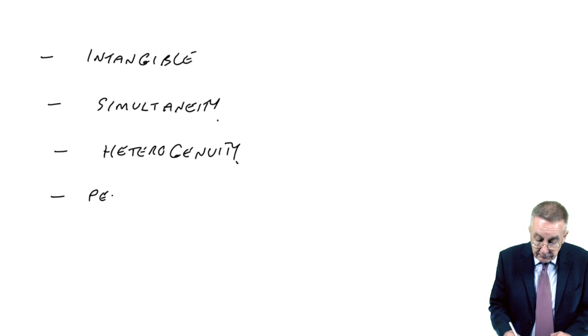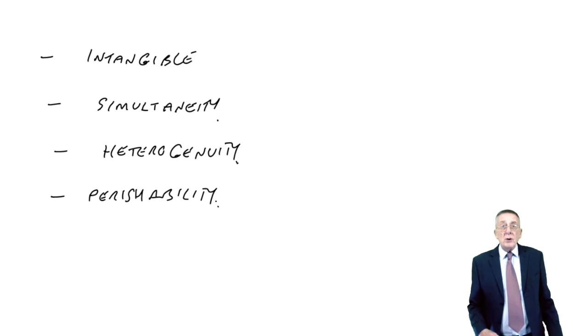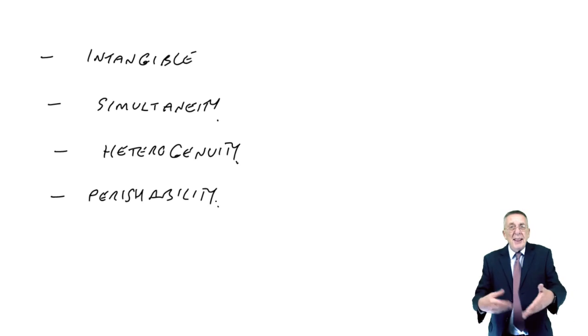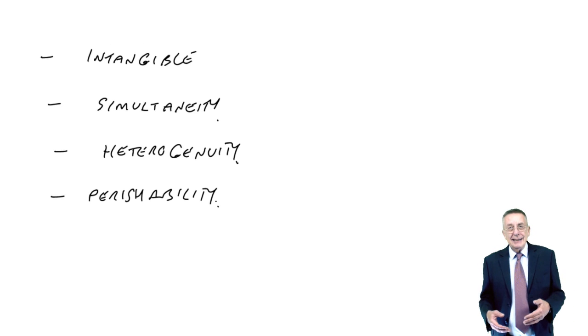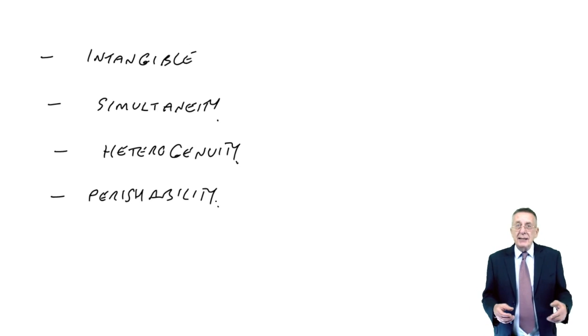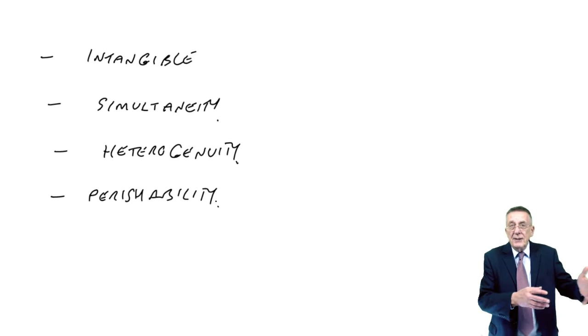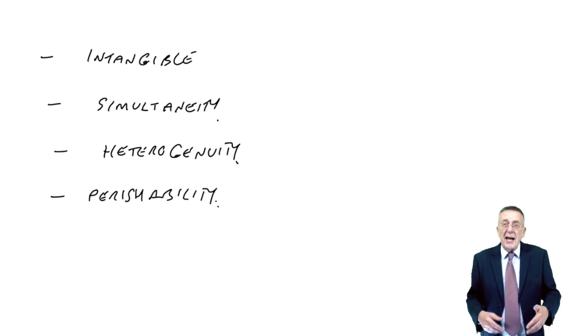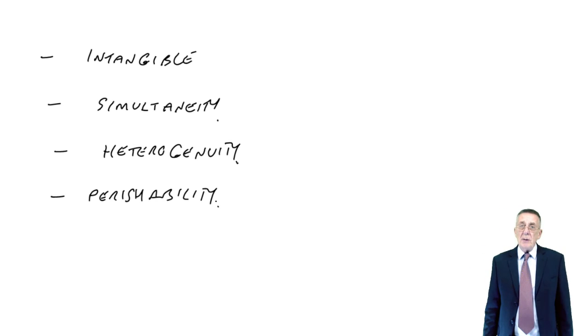Perishability. Once they've done the service, there's nothing there to check. All right, with a filling there is something in there, but you can't check it in the same way. I've already said it, it's a bit like intangibility. You can't check it and measure it in the same way as you can with a product.